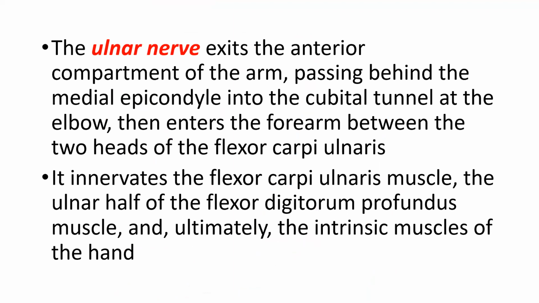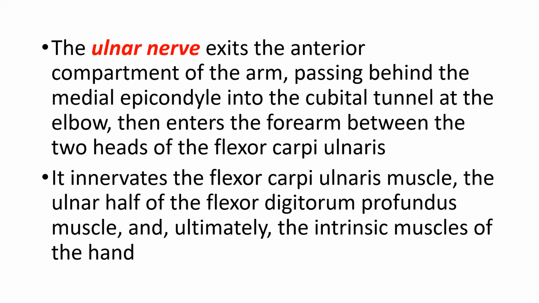The ulnar nerve exits the anterior compartment of the arm, passing behind the medial epicondyle through the cubital tunnel at the elbow, and then enters the forearm between the two heads of the flexor carpi ulnaris.